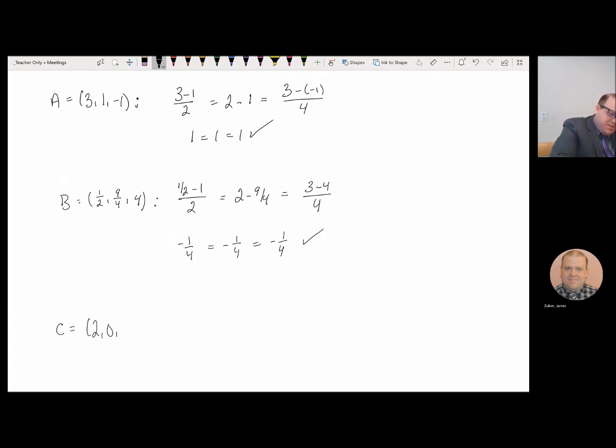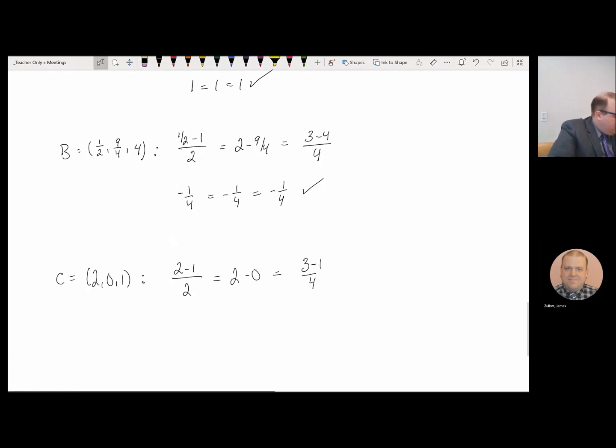C was 2, 0, 1. A half equal to 2 equal to a half.